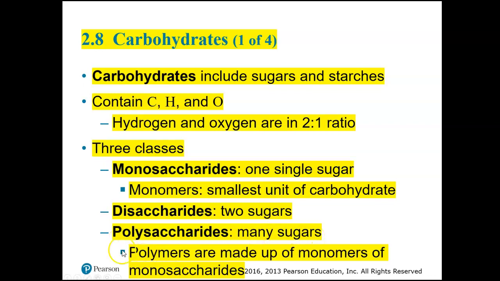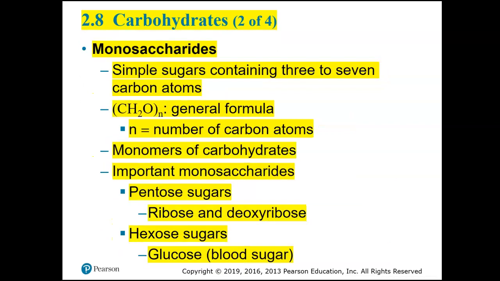Polysaccharides are polymers made up of monosaccharide monomers. So the building blocks of polysaccharides are monosaccharides. Examples of monosaccharides are ribose and deoxyribose. These contain 5 carbon atoms.